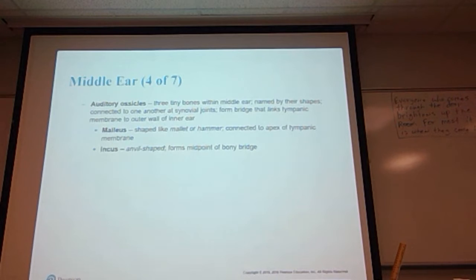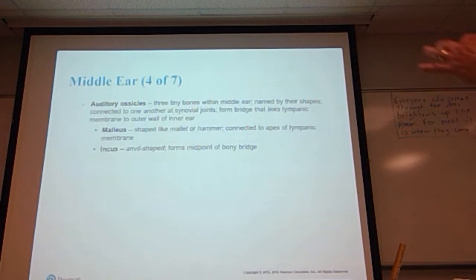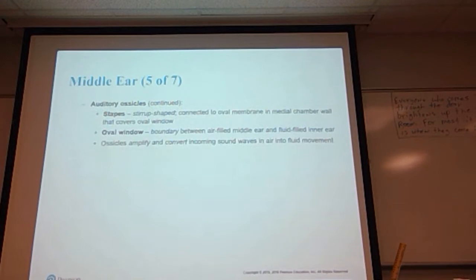The incus is anvil-shaped, which forms the midpoint to the bony bridge. And then the stapes, which is a stirrup-shaped bone, it's connected to the oval membrane in the medial chamber that covers the oval window. The malleus, incus, and stapes are also referred to as the hammer, anvil, and the stirrup.